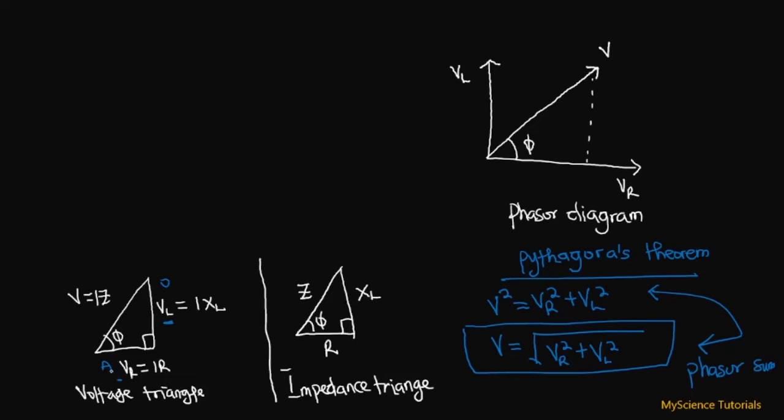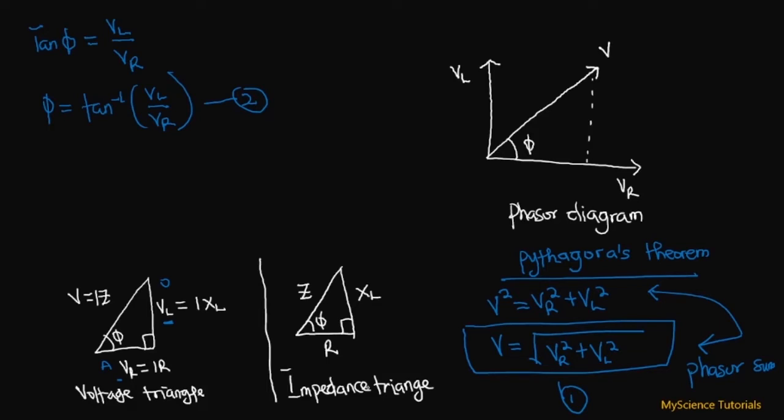The trigonometric ratio that will give us opposite and adjacent is what we call tan. So we have tan of the phasor angle equal to the opposite, which is VL, over the adjacent, which is VR. So if we want to find our phasor angle, we just need to find the tan inverse of the ratio VL over VR. So this is one important equation you need to keep in mind, and this is another very important equation you also need to keep in mind.